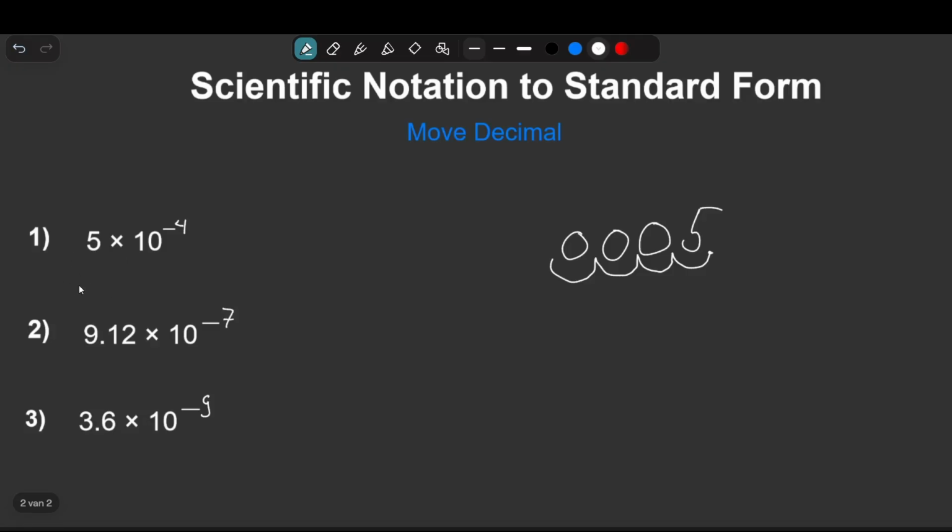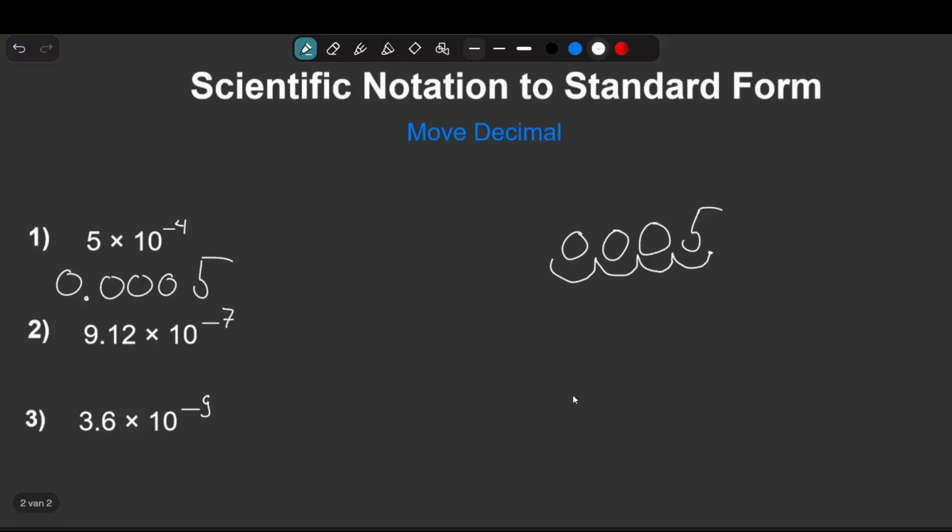When we're writing our final answer, we're always going to start with 0 point. And now this is our decimal, which we have placed right here. So now we just have to write the exact same thing which is here, which is 3 zeros, 0, 0, 0, and then our 5. And this will be the final answer for the first example.